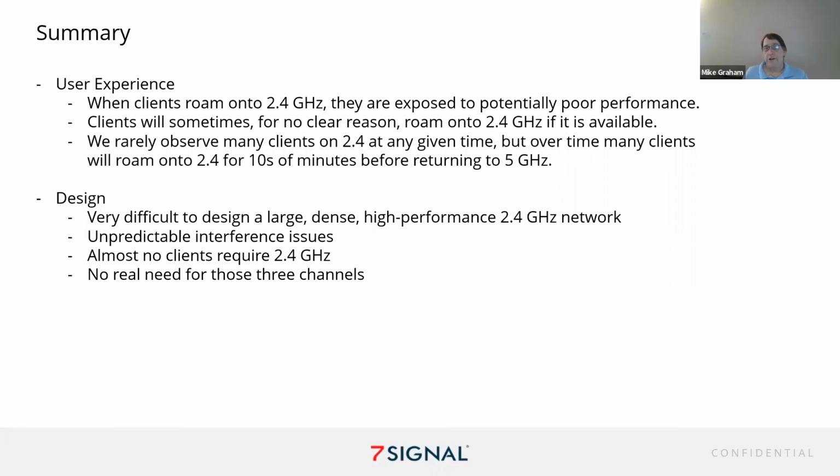And there's very little control over what the client card does, because it's so hard to design these large dense networks. We see what it does to channel utilization, even if really there's nobody on it. It makes them difficult to design. You have that pretty unpredictable interference.